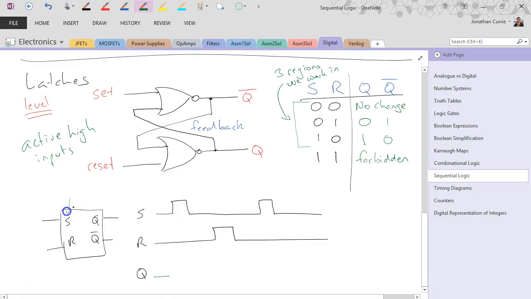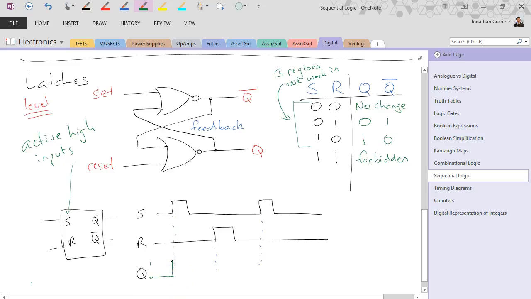Once again, active high, there's no bars above them, so we assume these are active high. And I always like to draw down little construction lines. Now, although these are level sensitive, I'm actually drawing my construction lines at the edge, because at that edge I assume it has gone high. The level is now high, and that's the convention. So Q starting low, also a convention.